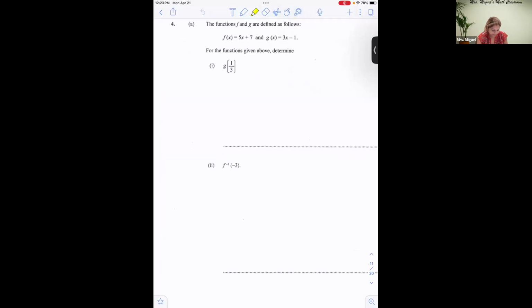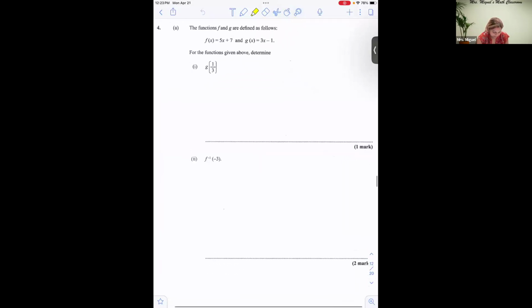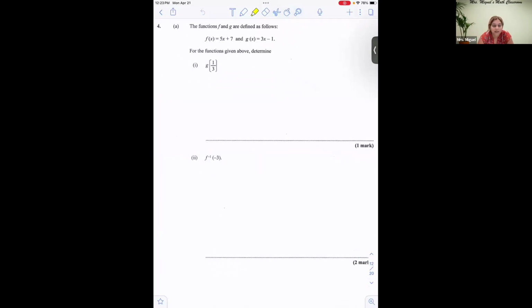So here we have f and g defined as follows. I want you to find the function value for me, which is g of 1/3. Now that is 1 mark, and really and truly, it is not difficult. And then you are required to find the inverse.